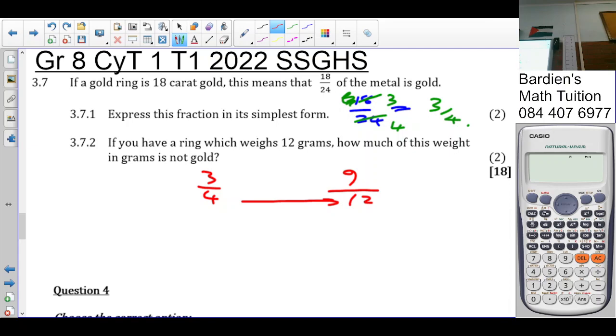But the question says, how much of this weight in grams is not gold? If you go from 9 till 12, how many parts are left? 3. So therefore, 3 out of 12 parts is not gold. But now it's simple.